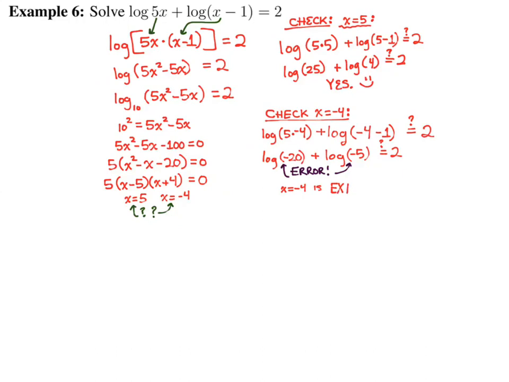Now, this is a keyword that's going to come up. It's going to be like, hey, write down the answer and draw a target around the extraneous one or something. So it might show up in the examples, the instructions somewhere. Extraneous means an answer that isn't really an answer even though you haven't done anything wrong.